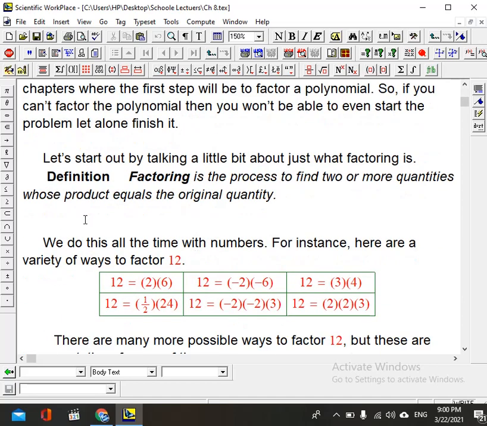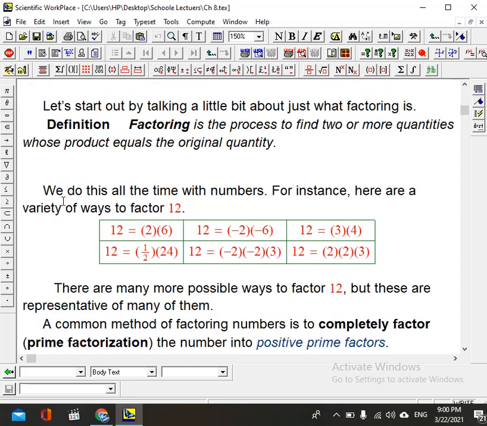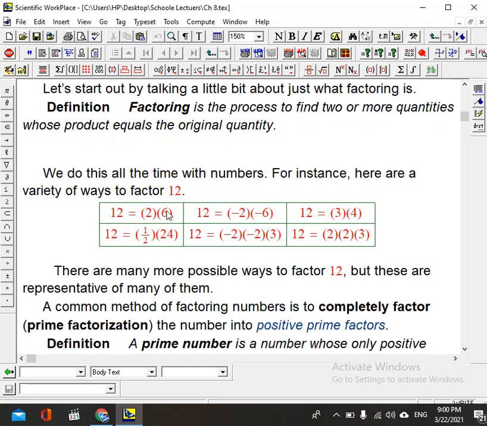Also, yesterday we talked about factoring and the basic definition of factoring. We said that factoring is the process of finding two or more quantities whose product equals the original quantity. When we deal with a real number like 12 in my example, we say that 2 times 6 is a factorization of 12. Negative 2 times negative 6 is another factorization of 12.